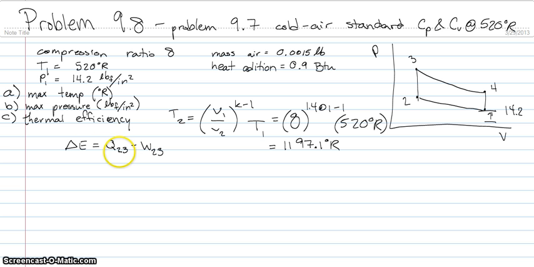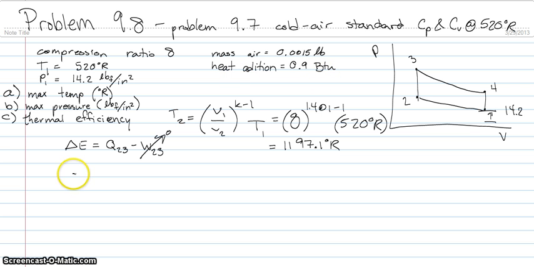To move forward, we can use an energy balance. The change in energy equals the heat in minus the work out, and there is no work being done between states 2 and 3. However, we do know that there is a change in temperature because it was given right up here in the problem.